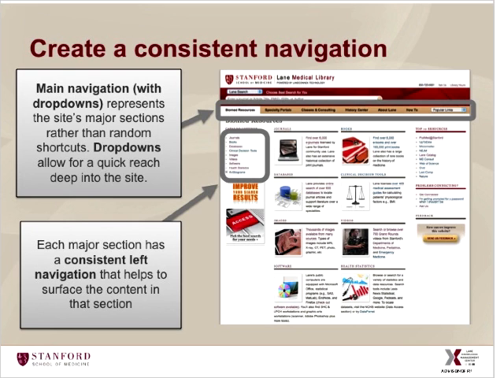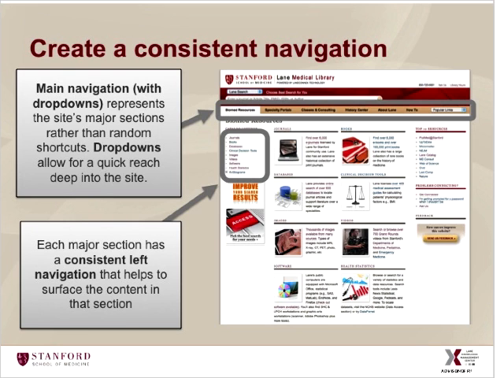We did several tests to refine this through 2 iterations. The main navigation represents the site's major sections, and the drop-downs allow for quick reach deep into the site, and they're there on every page, no matter where you are.